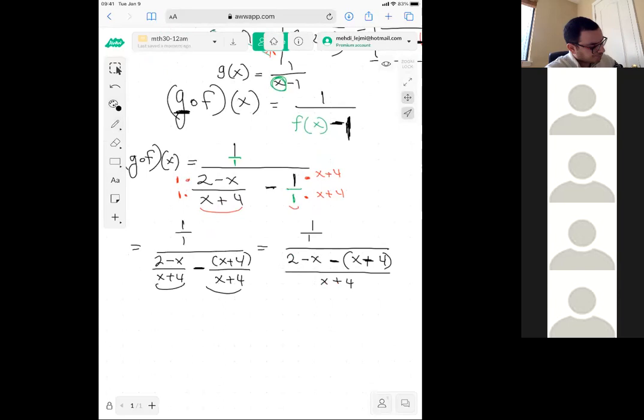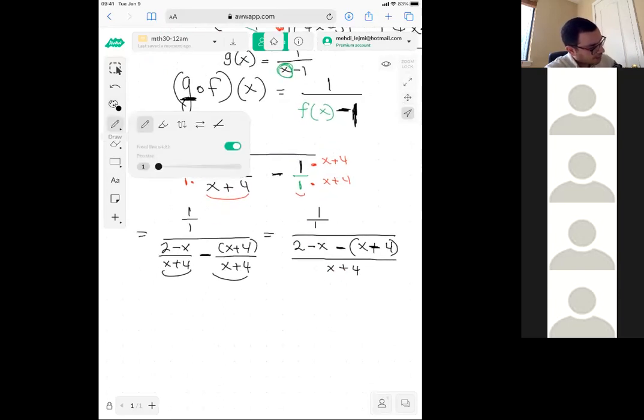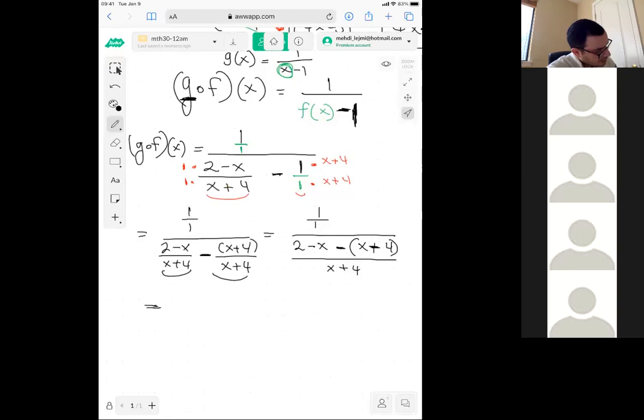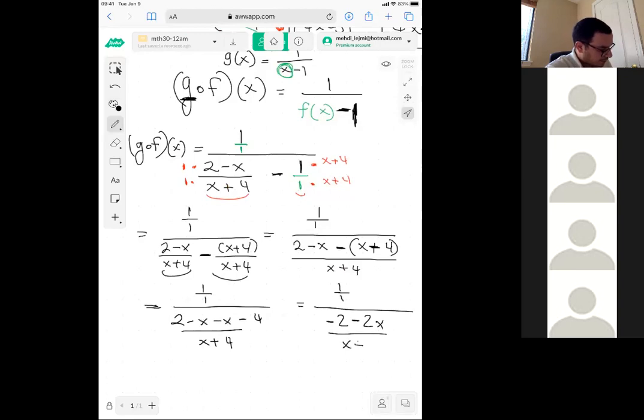That will be equal to 1 over 1 in the top, and in the bottom I have 2 minus x, and I'm going to distribute the sign, so it's minus x minus 4 over x plus 4. It's still 1 over 1 in the top, and in the bottom we have 2 minus 4, which is negative 2, minus x, so minus 2x over x plus 4.